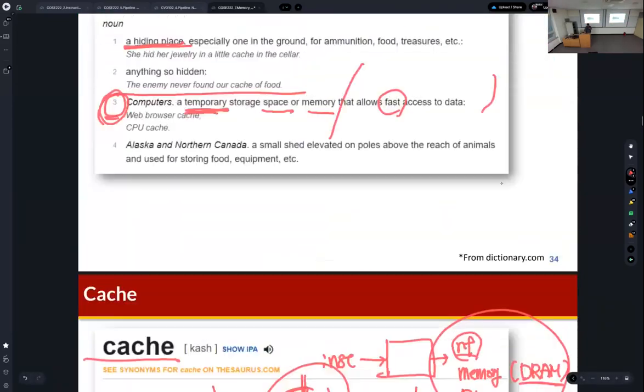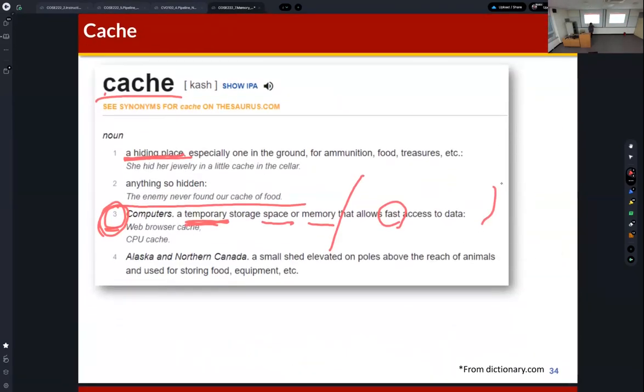So why do we use cache? As you can see, cache is a temporary storage space, and it is faster than main memory.